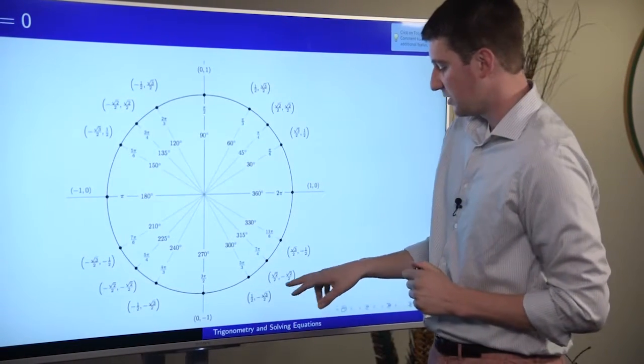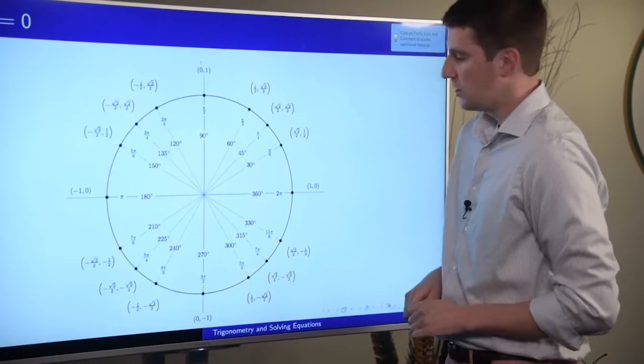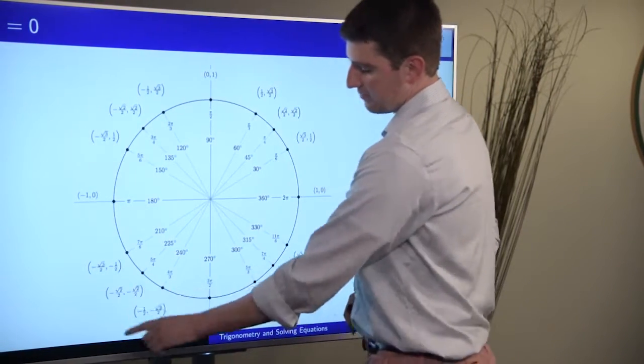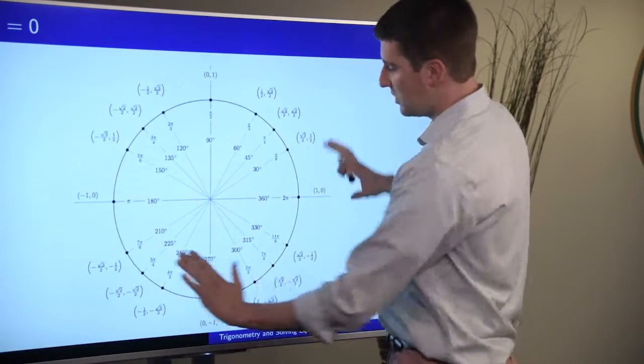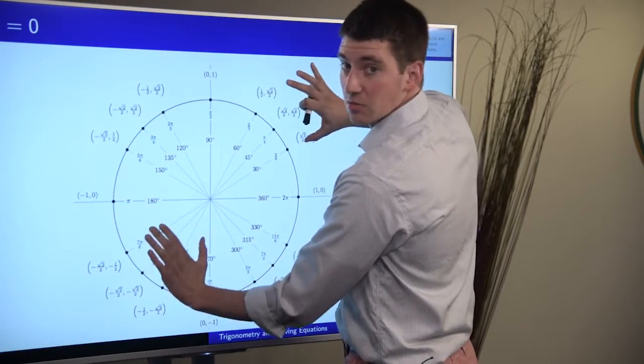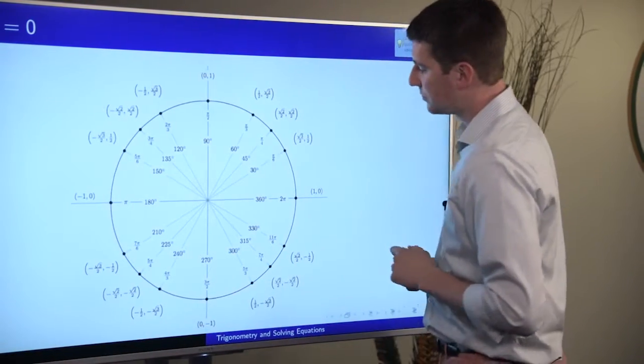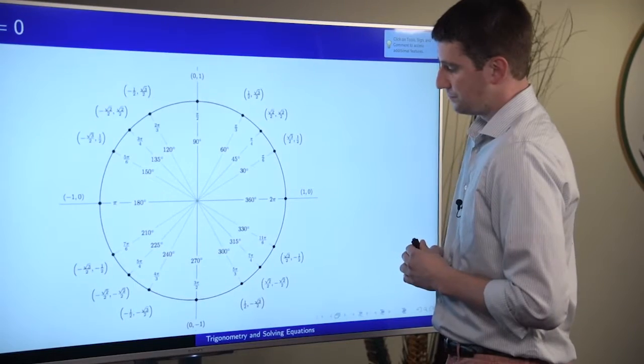Likewise, this isn't valid because the y-coordinate is going to be negative and the x-coordinate is going to be positive. And here, both terms will be negative. So these are the only possible zones where we can have cosine equal to sine.